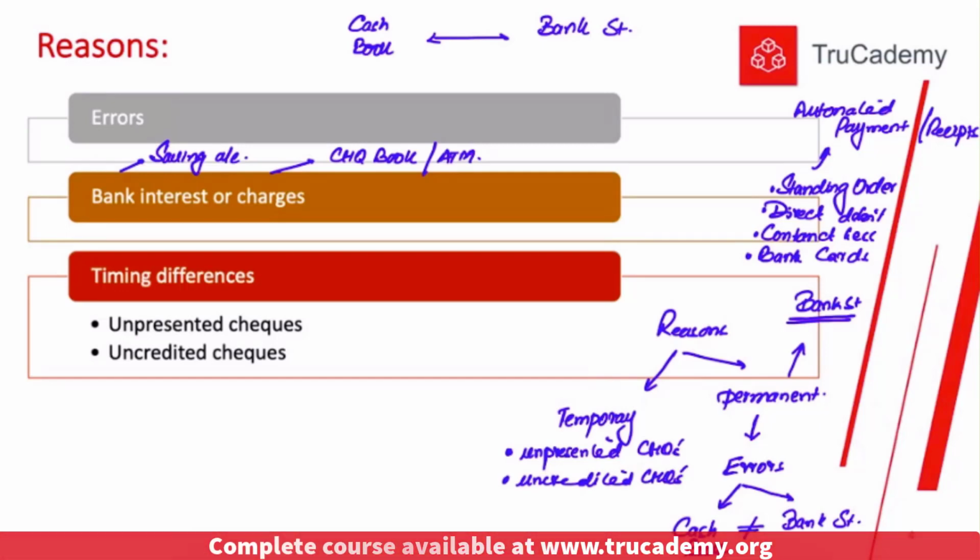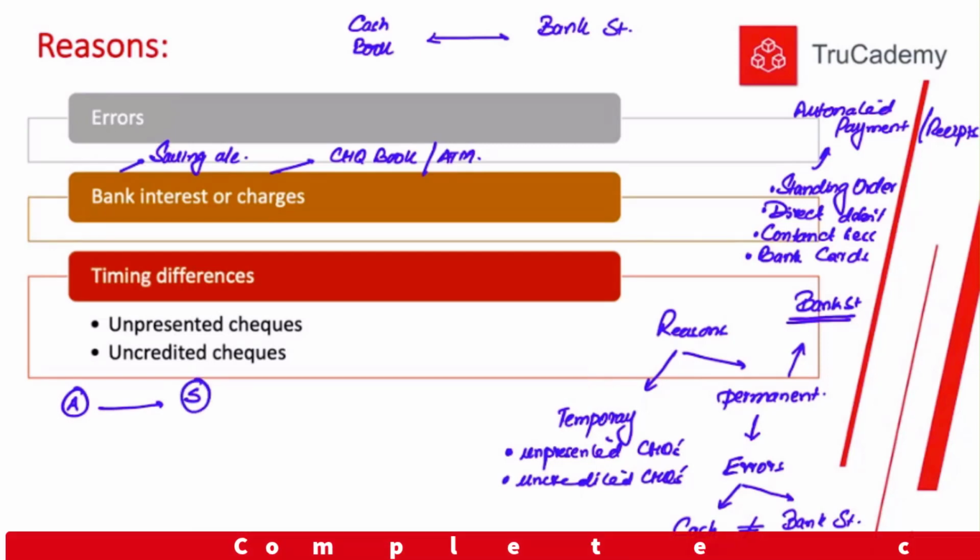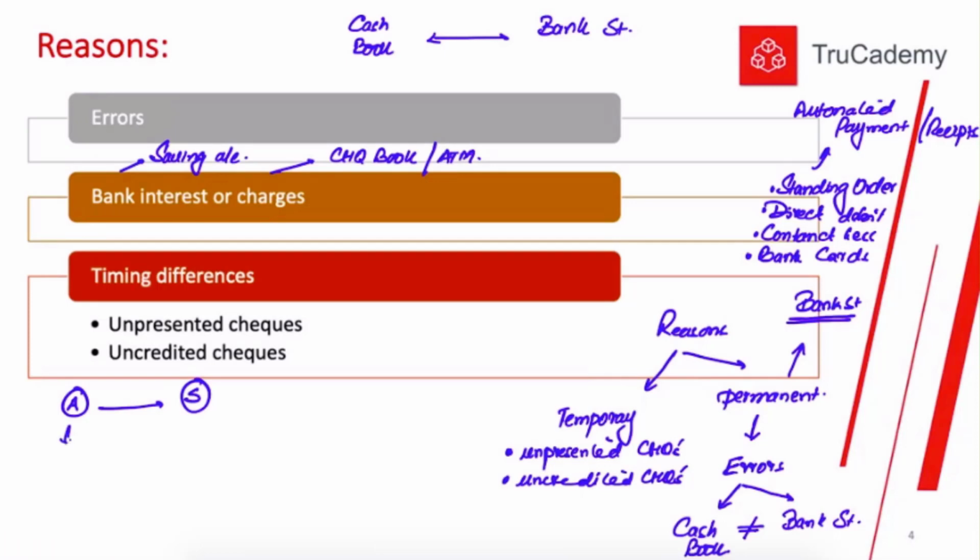For example, I have business A and I want to pay money to my supplier S. So I will write down a check as a payment, because the check is my payment, and I will record it in my cash book. The cash book is my asset, and when I'm paying money to my supplier through check, obviously the balance in the cash book will decrease. So I will credit my cash book.